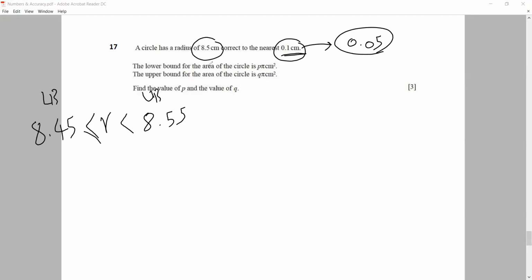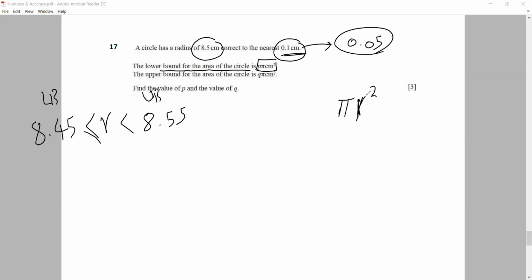So now they said the lower bound for the area of the circle is P pi. And the upper bound for the area of the circle is Q pi. Find the value of P and the value of Q. What I need to do, if you remember, the area of a circle is pi r squared.